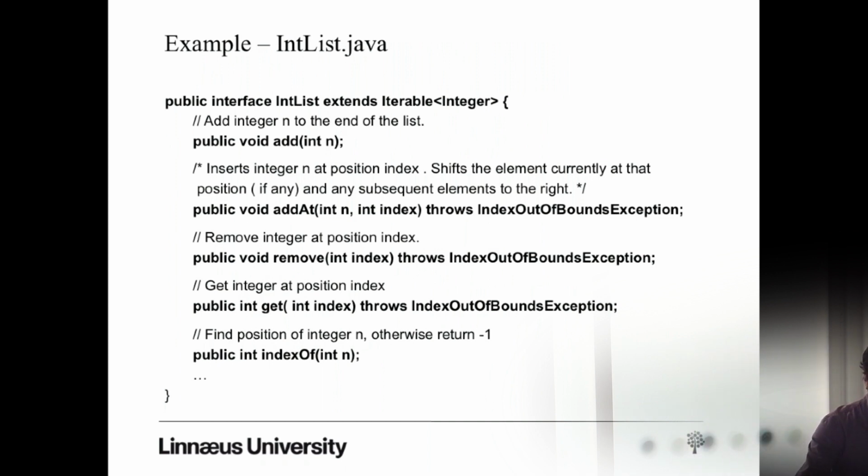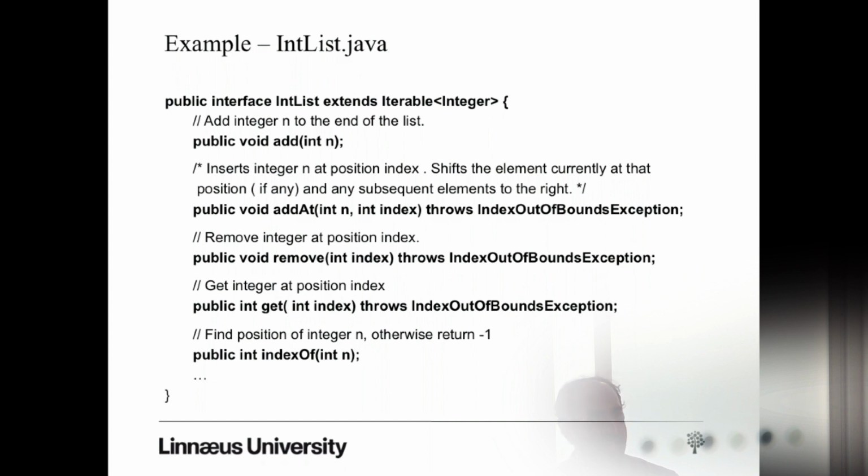So to give you an example of how we can use arrays, or linked list or array list to implement a simple list data structure of type integer, here we have an example interface where we have defined simple operations: add, remove, get, and add at.